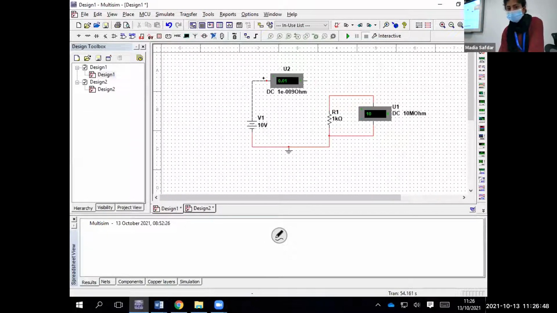Just connect it here and you will see a red dot. Can you see the red dot? When you see the red dot, just left click, and then this will connect. Then take this and connect like this.